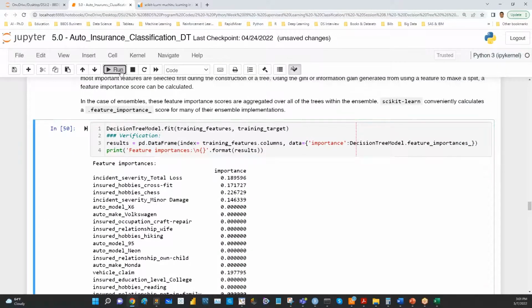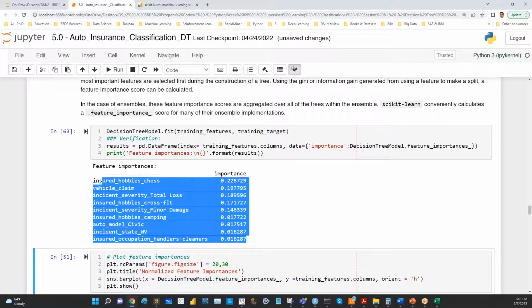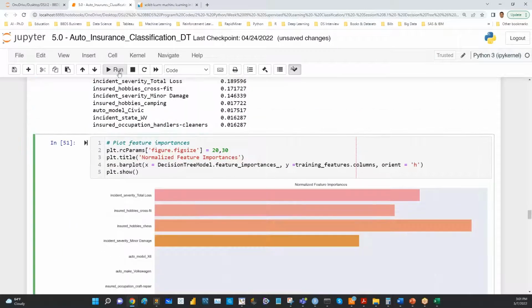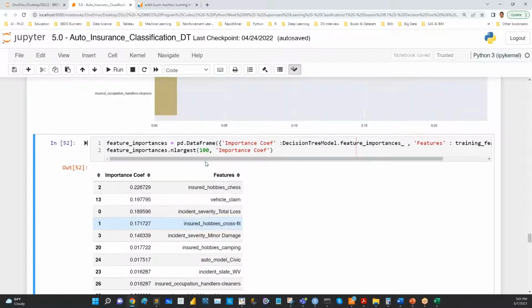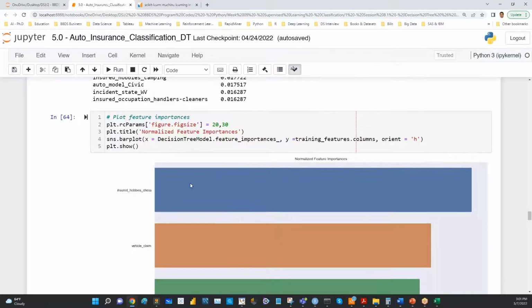Now let's take a look into the features. So we got only a few features. Visualize them. Here we go. And the most accurate, in short, is... this is surprising, honestly.